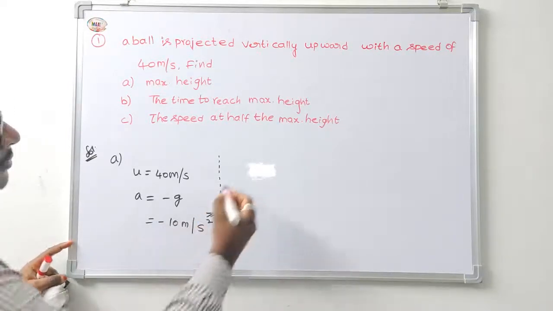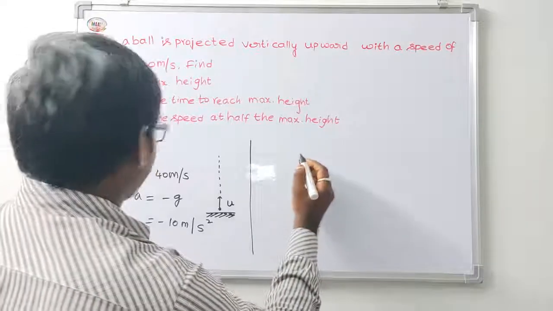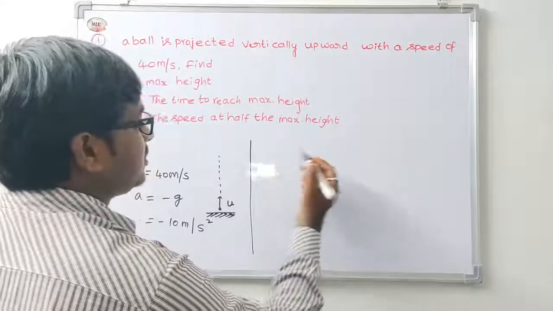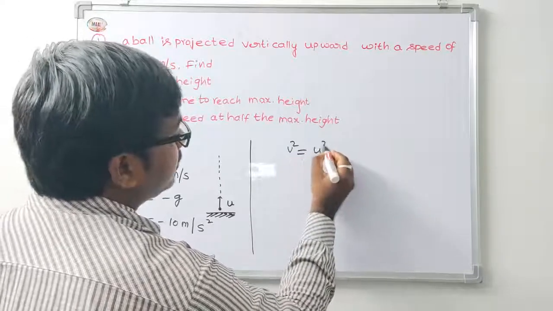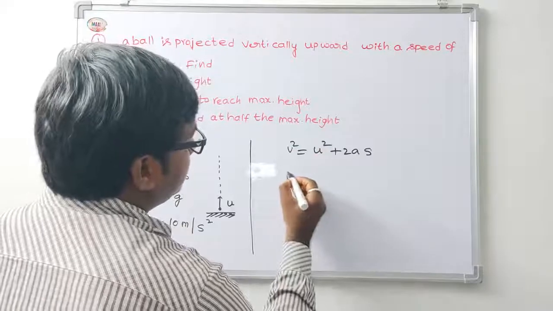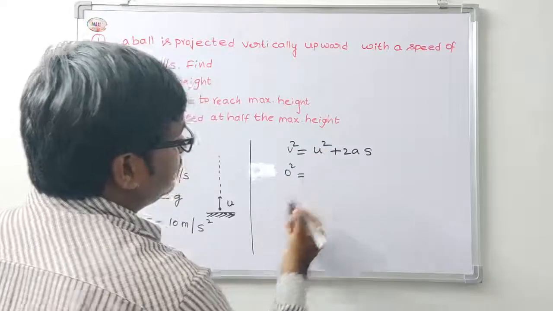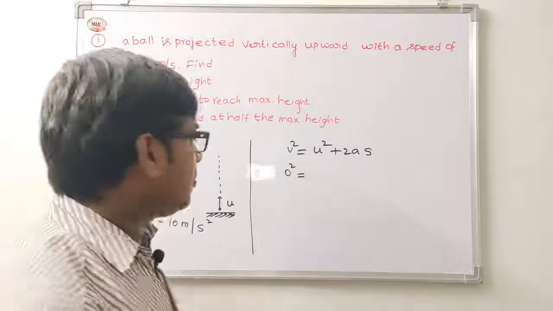Then find out the maximum height by using the kinematics third equation, students. v square is equal to u square plus 2as. To reach maximum height, the final velocity is equal to 0.